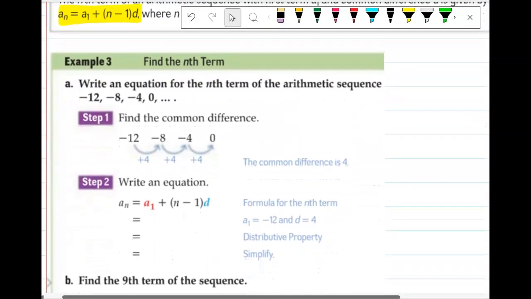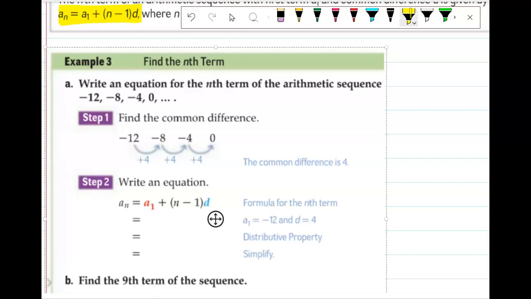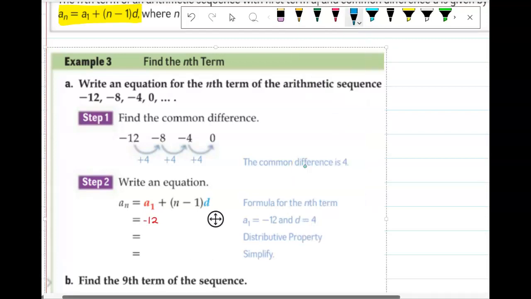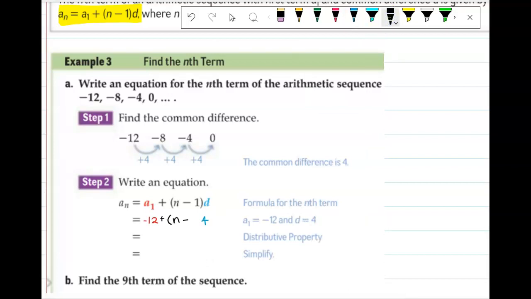Let's practice using that information to now write an arithmetic sequence formula and find the nth term. So for this example here, our first term, a sub 1, is negative 12. Our common difference is add 4, so positive 4. Then we just simply copy down the rest of the formula that never changes.